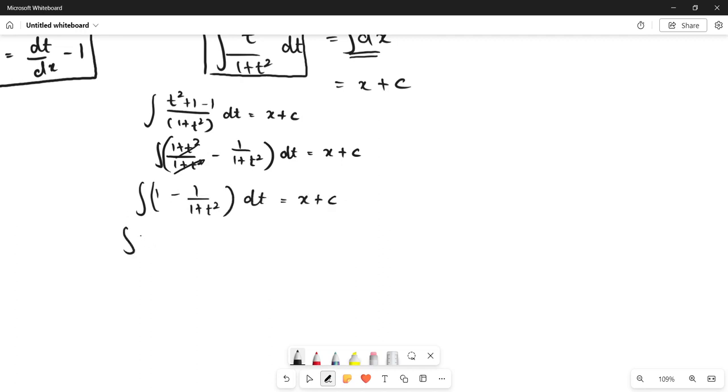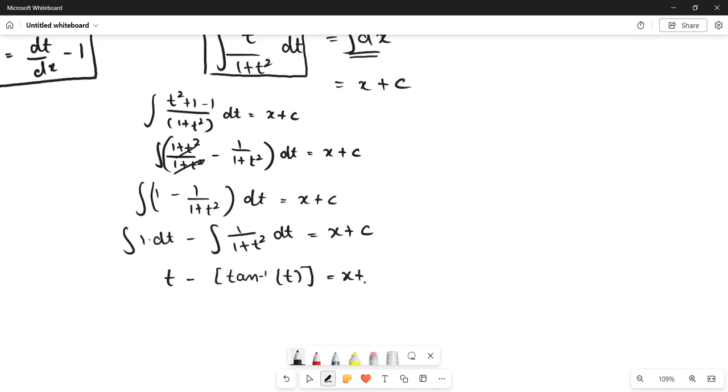Now integrating, 1 into dt gives t, minus the integration of 1 over (1 plus t square) dt, that is tan inverse t, equals x plus c.